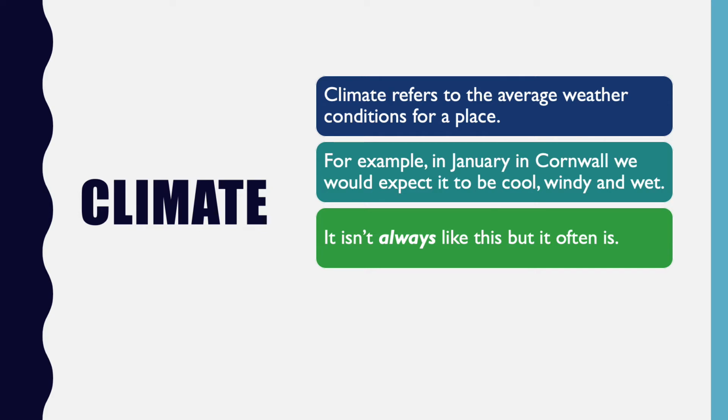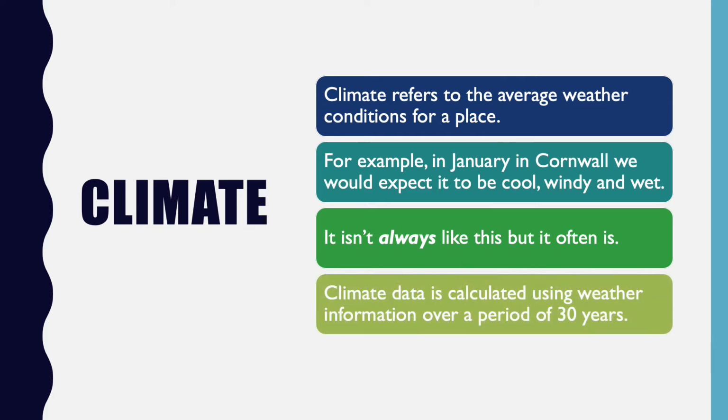So climate is worked out by collecting weather data and using that to calculate averages, over a period of 30 years. If you measured the average temperature in January in Cornwall over the last 30 years, it would be about 5 degrees, maybe a little bit warmer.